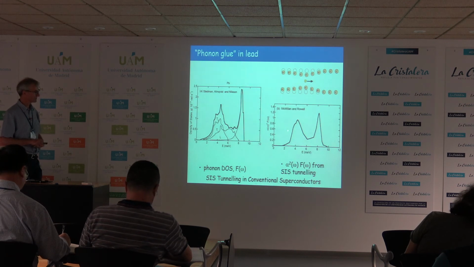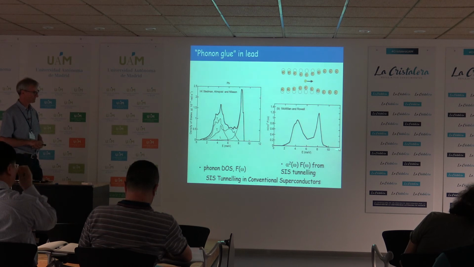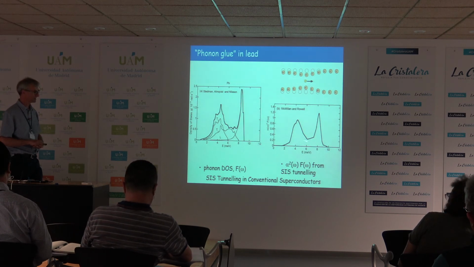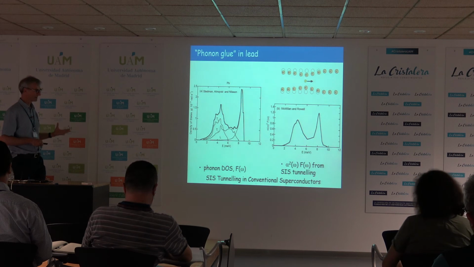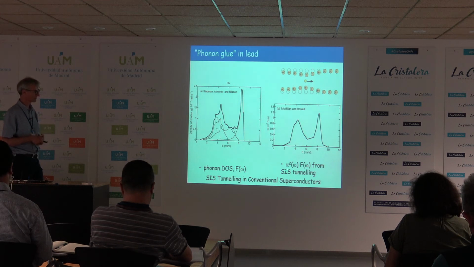And people did tunneling experiments and saw this. You can also see the excitations reflected in tunneling, and they concluded this is probably the main evidence for BCS actually. If you exclude the isotope effect, because many things don't show an isotope effect, this shows that the phonons were the excitations that were strongly coupled into the superconductivity.